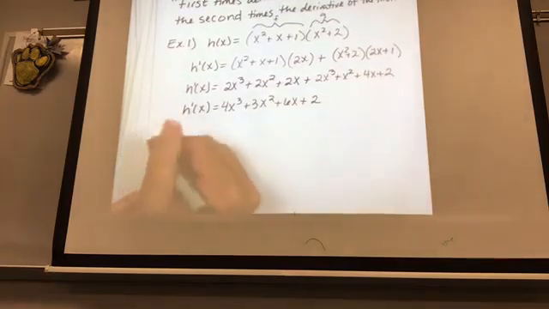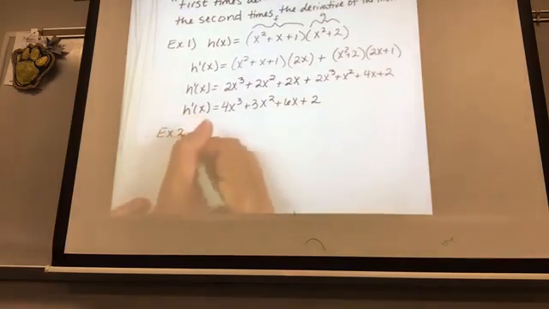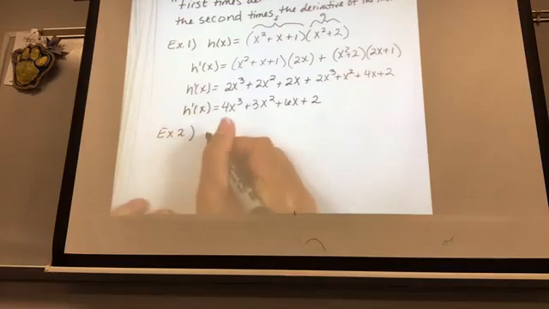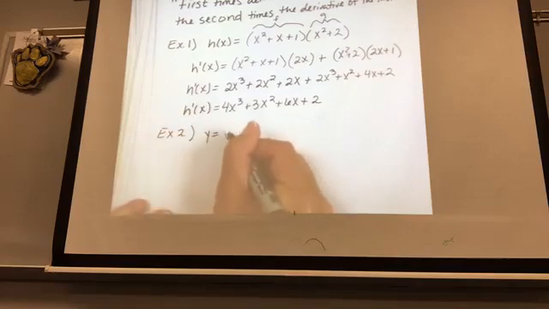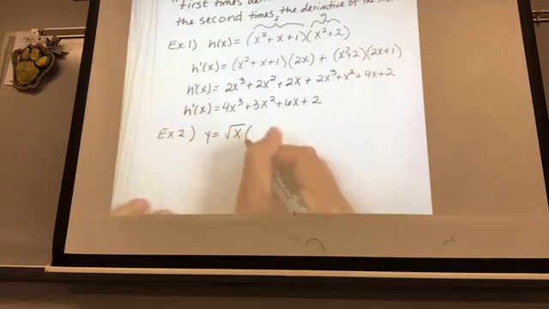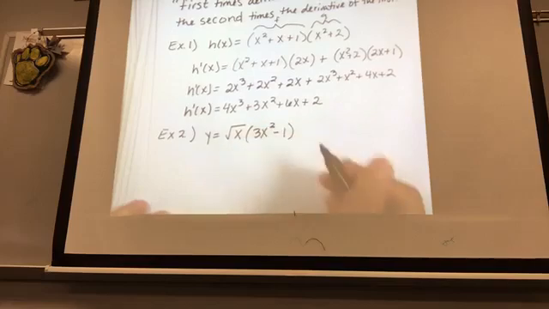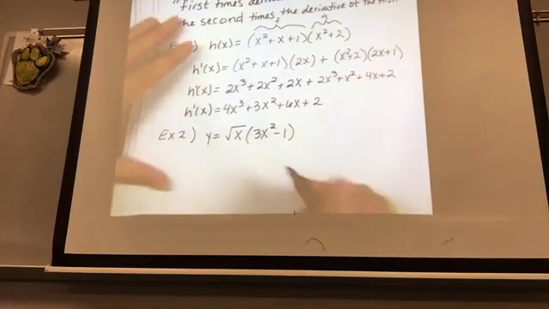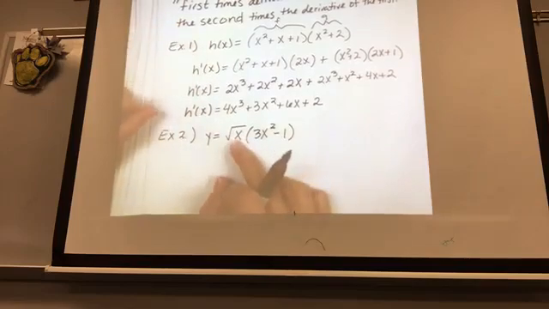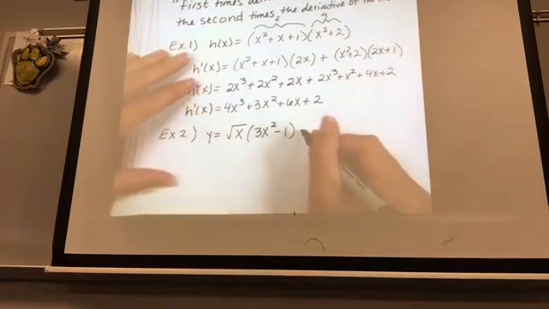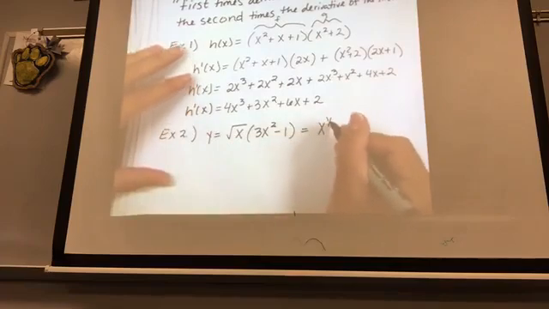Example 2. We have y equals the square root of x times 3x squared minus 1. So always have to rewrite radicals as their fraction powers. So the square root of x will rewrite as x to the 1/2.